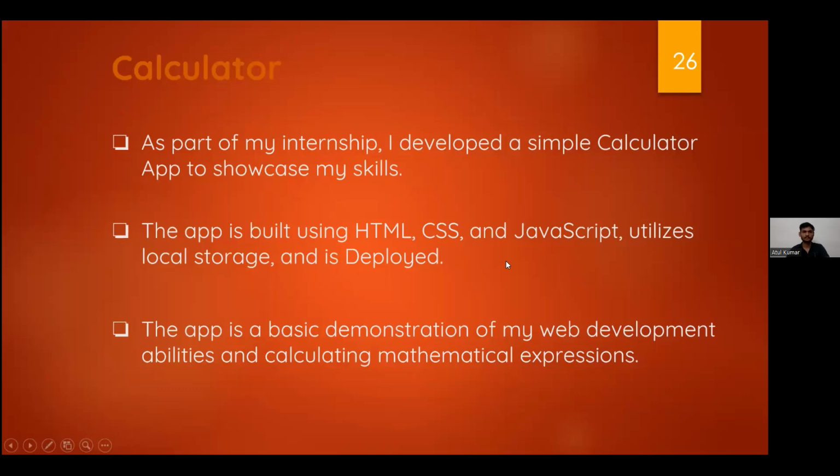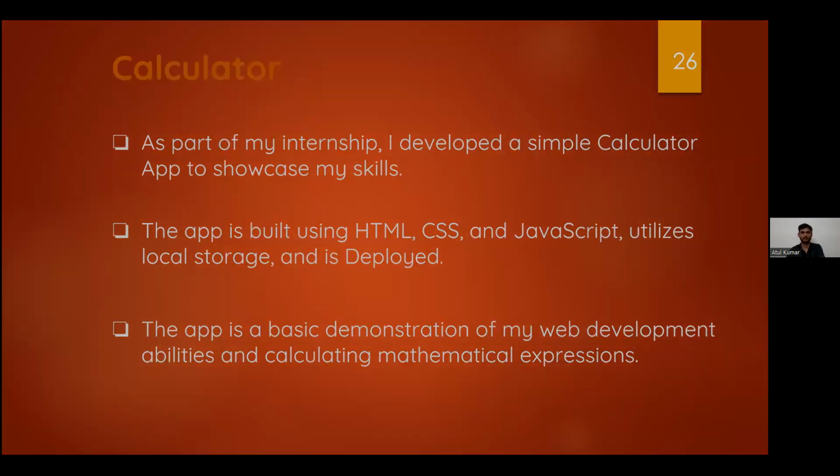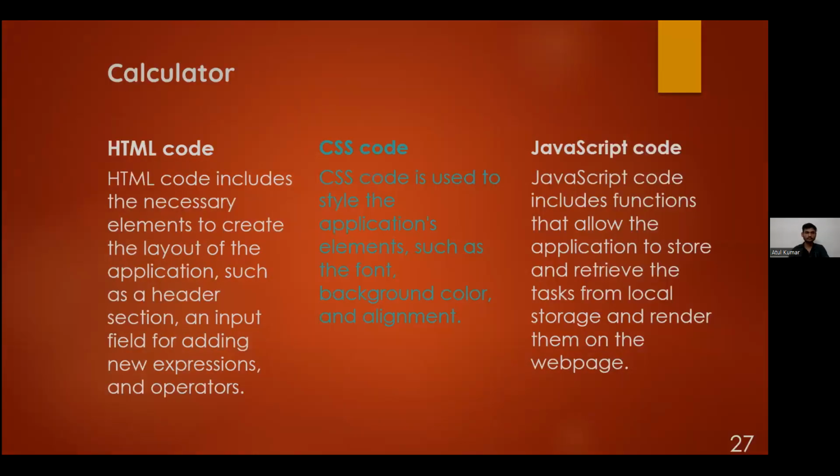As I was told, I developed a sample calculator to showcase my skills. The app is built using HTML, CSS, and basic JavaScript that utilizes local storage, and I have also deployed it on Netlify. The app is a basic demonstration of web development ability and calculating mathematical expressions.